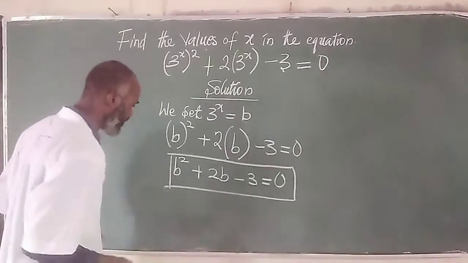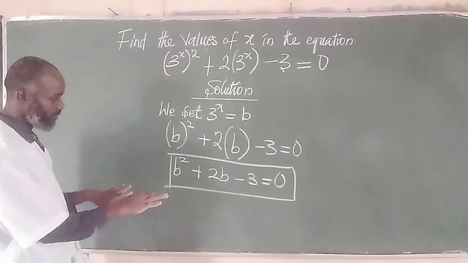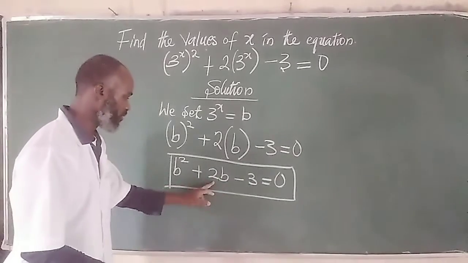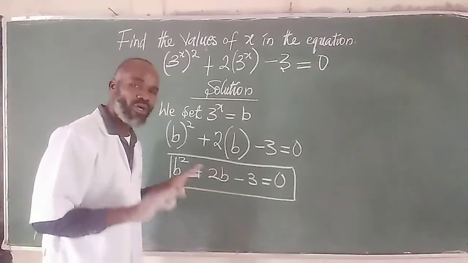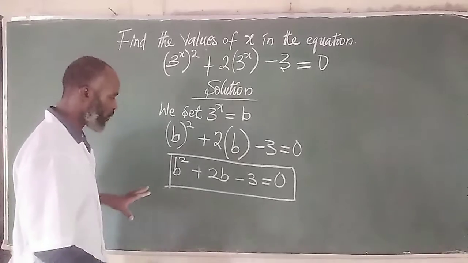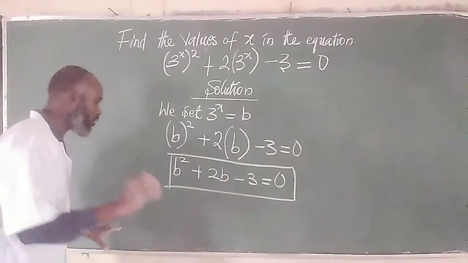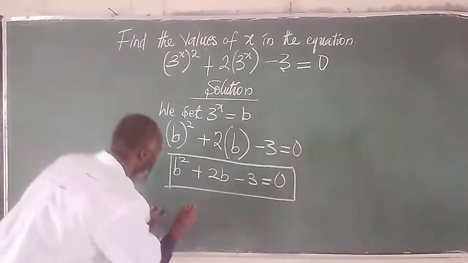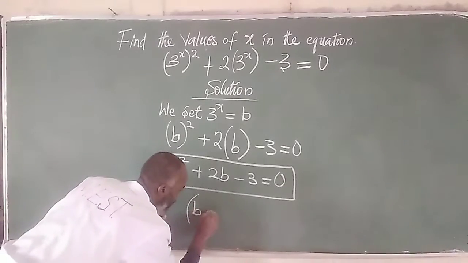If we do that, look at it very well. We have plus 2b, minus 3. What do you think would be the proper way? First b, we put it this way.